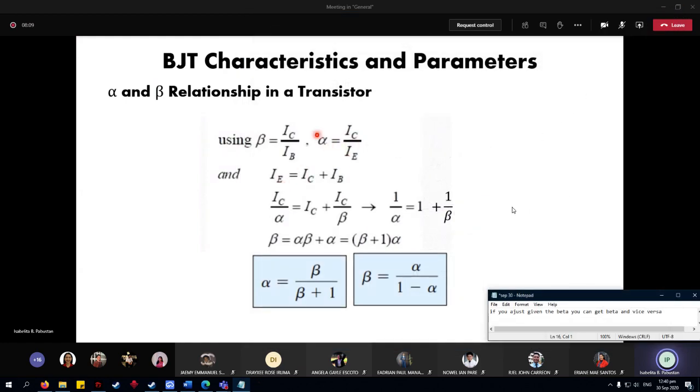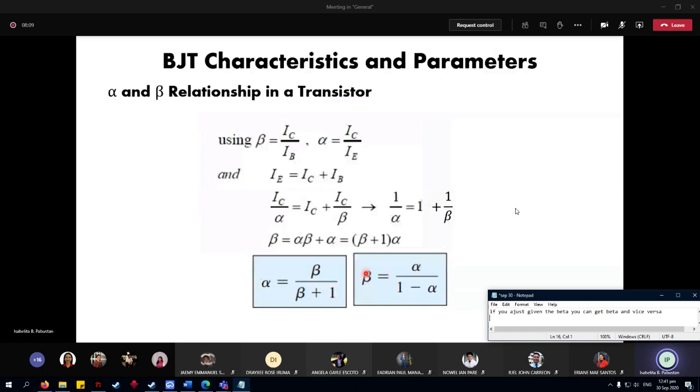When you do the algebraic manipulation, you know that your IE is equal to IC all over alpha, plus IC, and you know from this formula that, doing the algebraic manipulation, your IB is equal to IC all over beta. So you can cancel all those ICs, so you are left with this one. You do the algebraic manipulation for this, and then you will come up with these two.